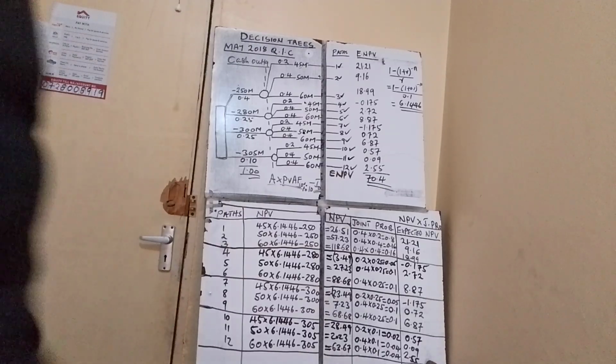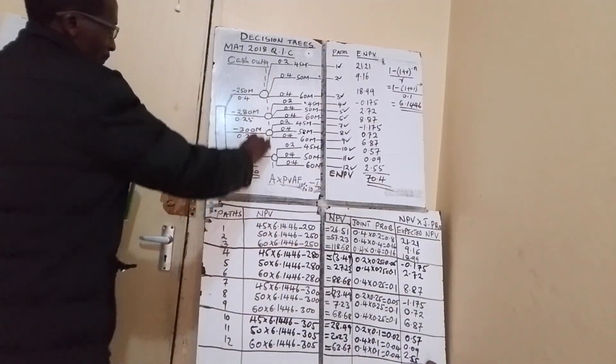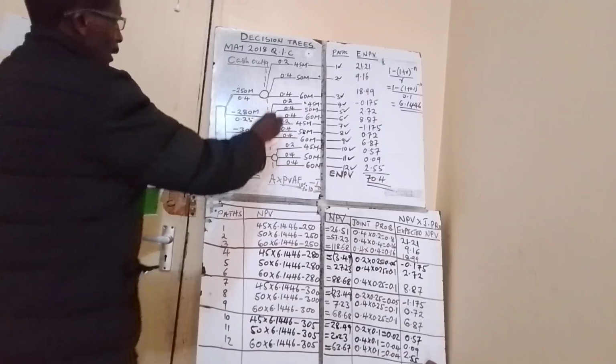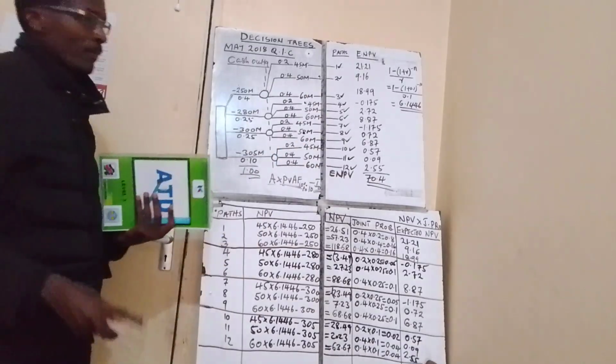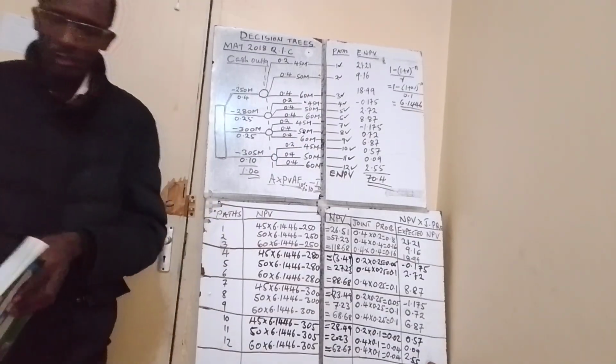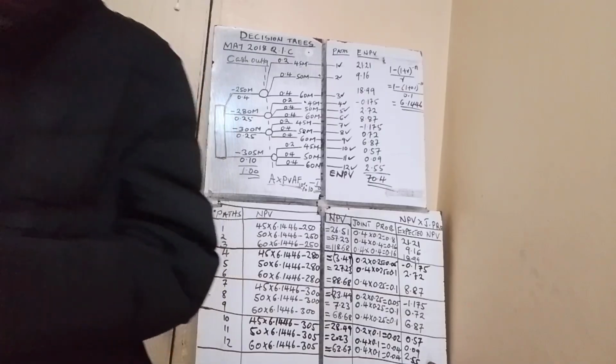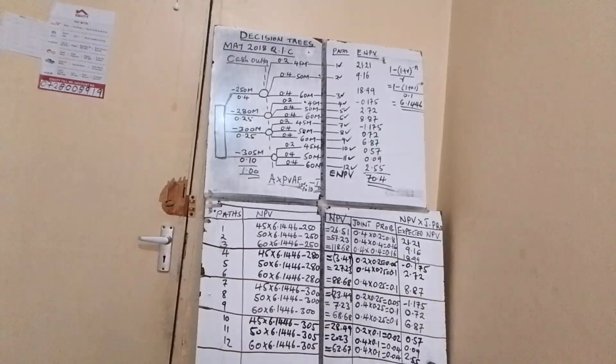Here, this portion here, we have elaborated that. Now I want to elaborate the other part for cash inflow.